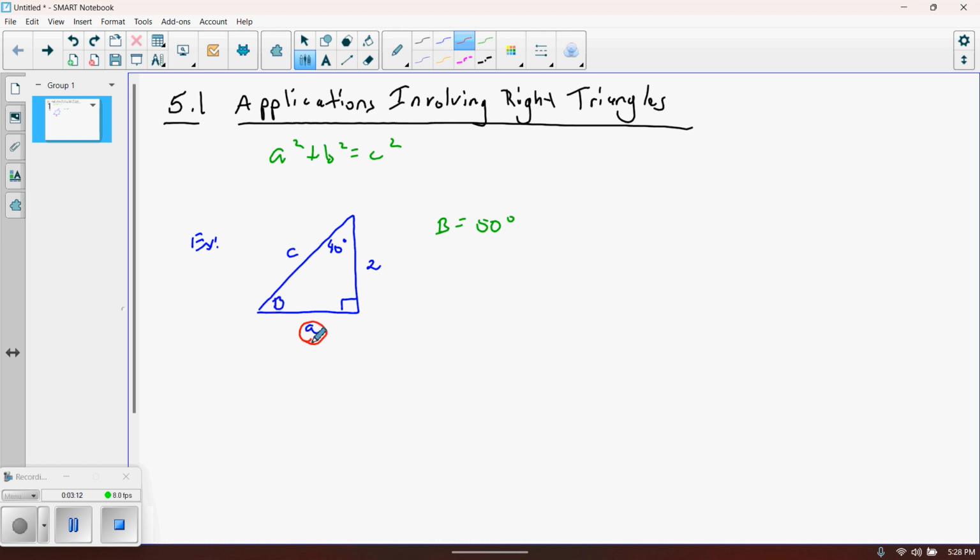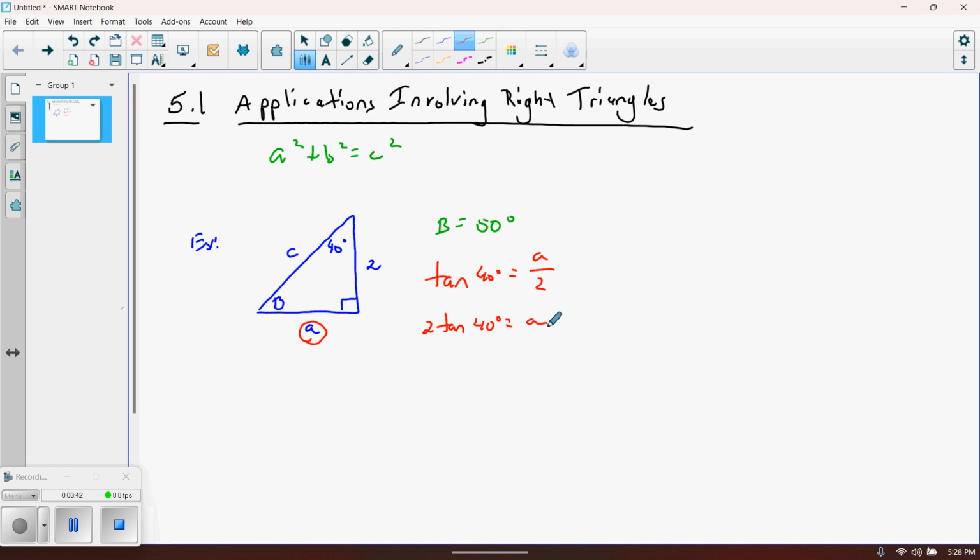So I'm looking for the opposite side of 40. I'm given the adjacent side, so we should use tangent in order to find A. And tangent of 40 degrees would equal opposite A over adjacent 2. So if I want to solve that for A, I'm going to multiply both sides by 2. And that would be your A value, whatever that is.